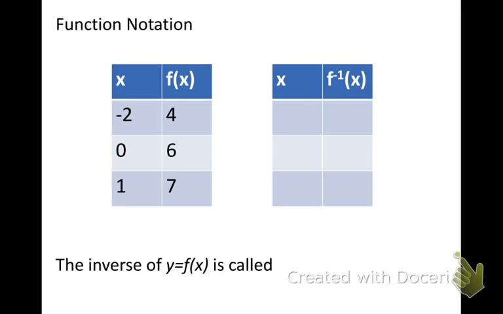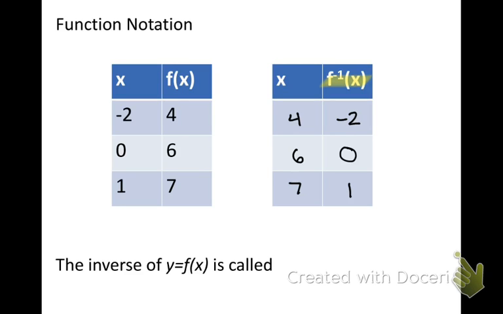If we want to find the inverse here, we are still switching our pairing. Our x and y are still switching. But notice this notation. We have inverse notation here.